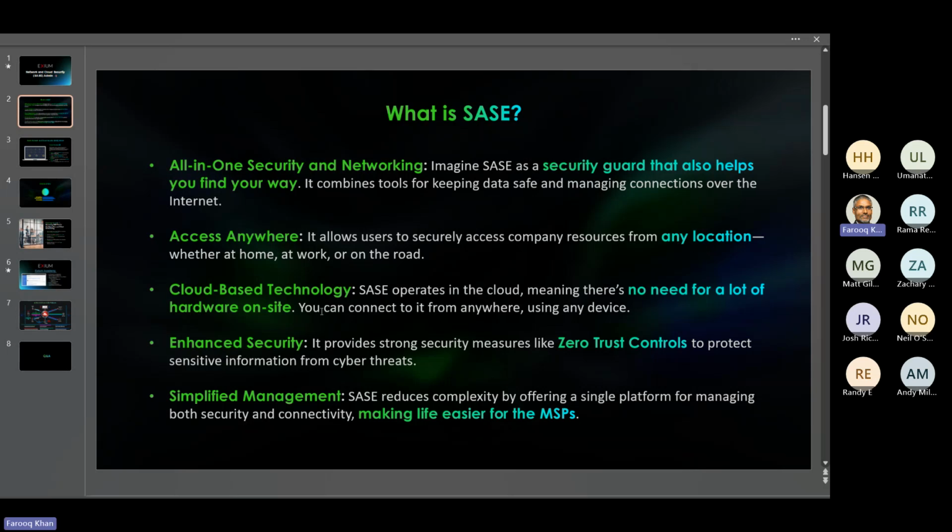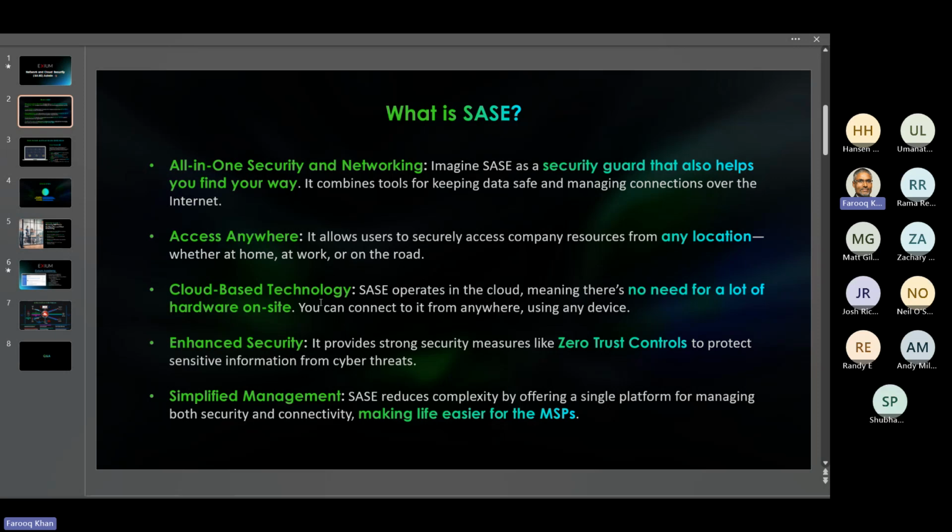And to do that, this technology needs to be delivered from the cloud. So this is a cloud-based technology. You won't need a lot of on-site hardware. This is like the transition to Microsoft 365 from on-prem Exchange servers. Now the same thing is happening with security, moving your on-prem firewalls and other security appliances to the cloud.